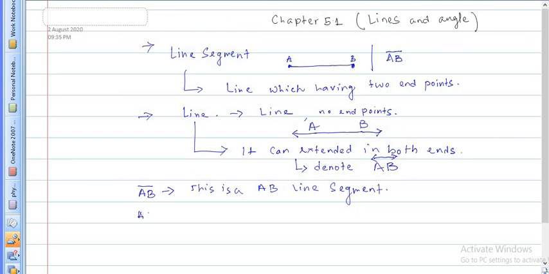Similarly, if somewhere this symbol is given, then you should know that this is AB line.